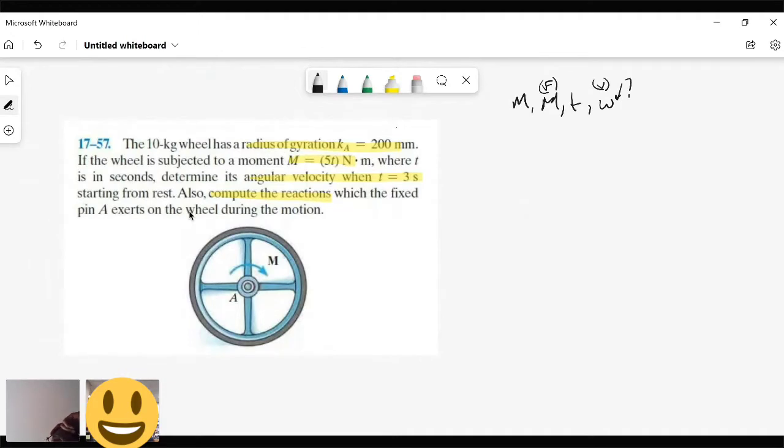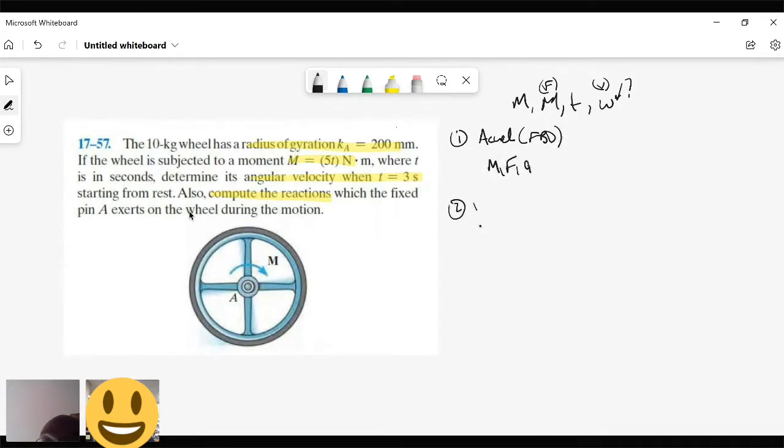If you remember what I told you, there are only three aspects of kinetics. Aspect one is acceleration, which is free body diagrams. Acceleration uses mass, force, and acceleration.